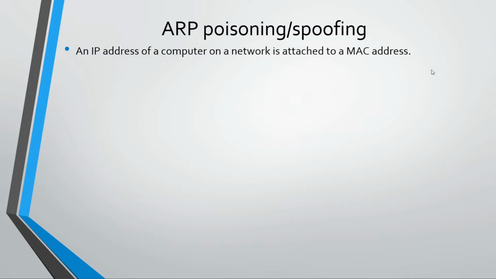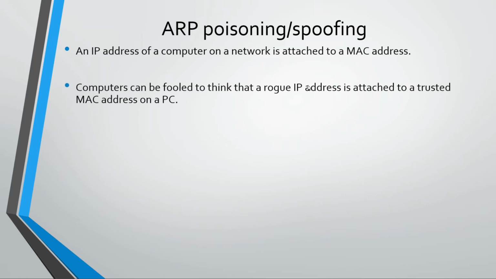Now, when we're talking about ARP spoofing, what you do is attach a rogue IP address to a known MAC address that's trusted.